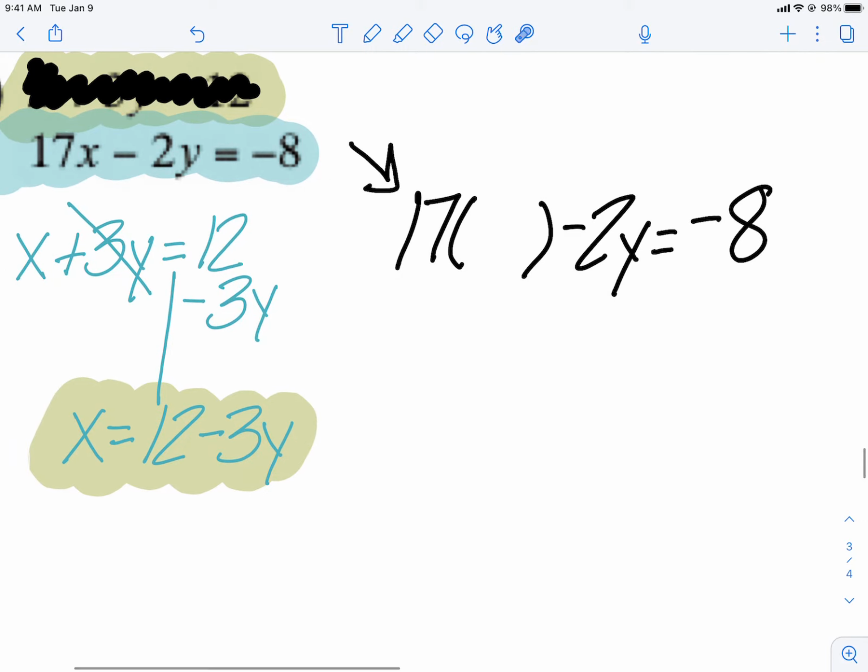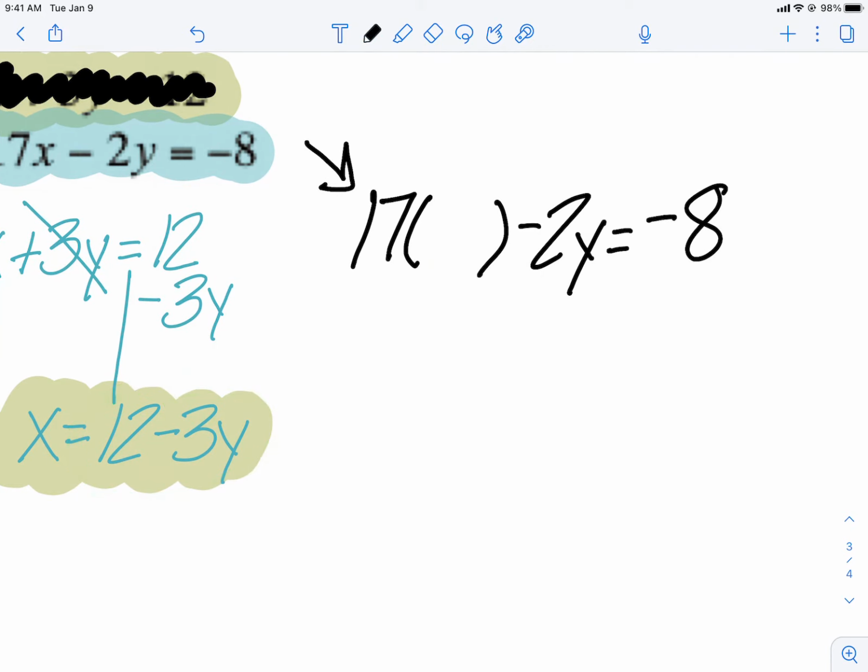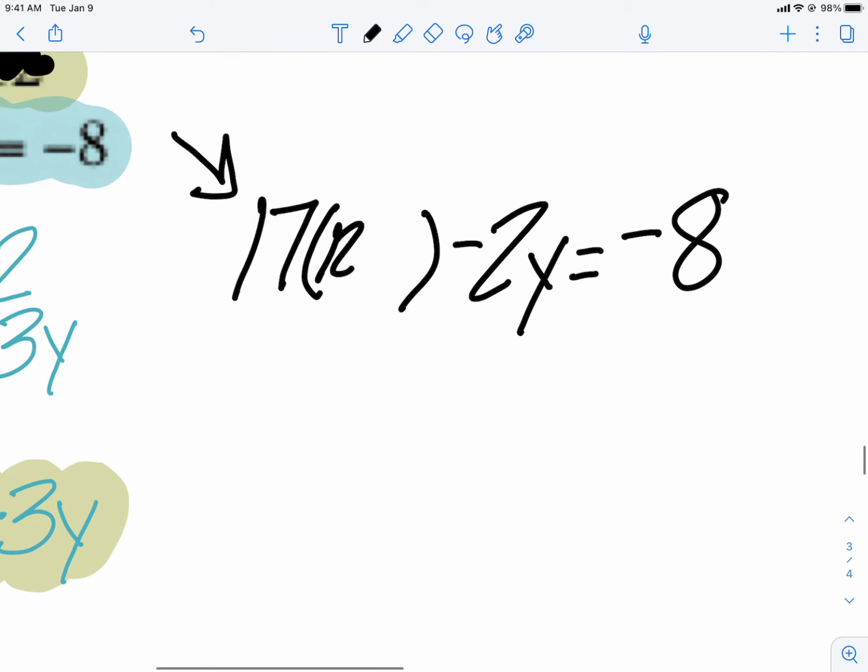And like I said, this is x right here. These two suckers go right in there: 12 minus 3y. Look at that.